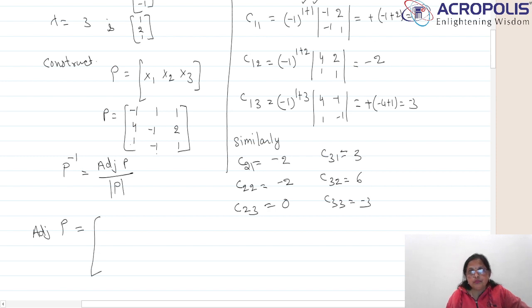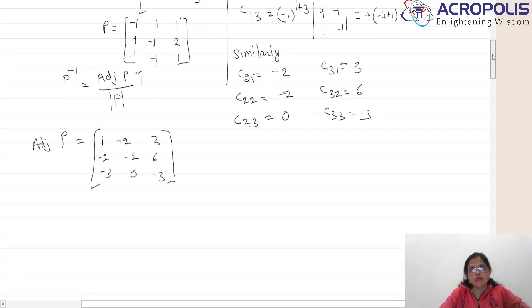So we get 1, minus 2, minus 3, that is the row, so write it in column form. Then the next column is minus 2, minus 2 and 0. Now the last column is 3, 6 and minus 3. So that is the adjoint of P. Now we have to find the determinant of P.